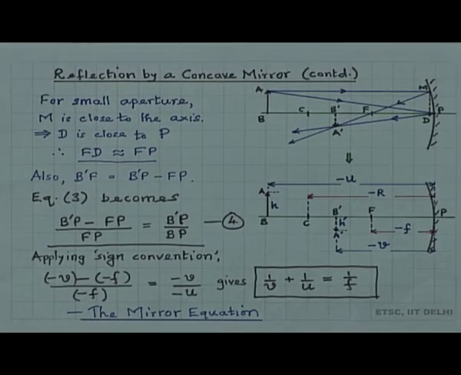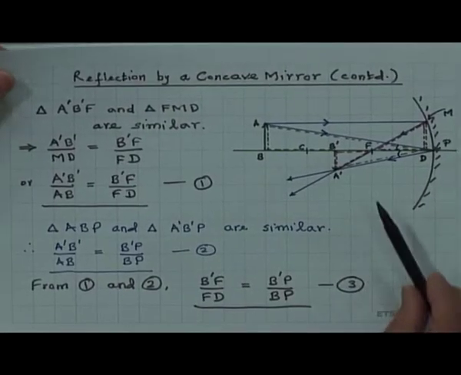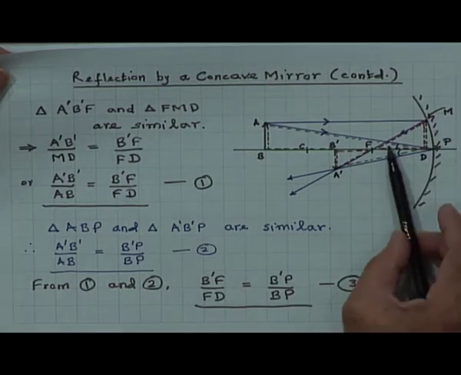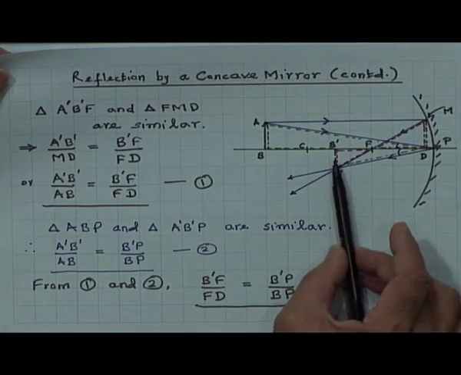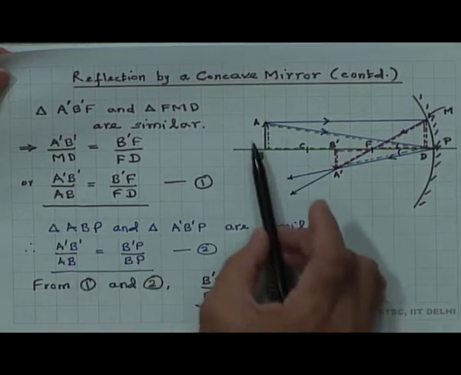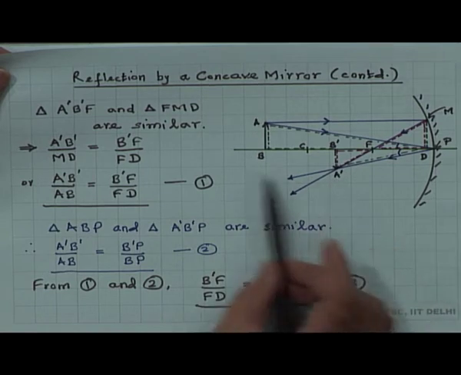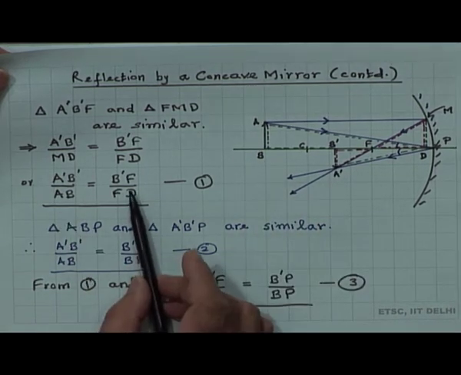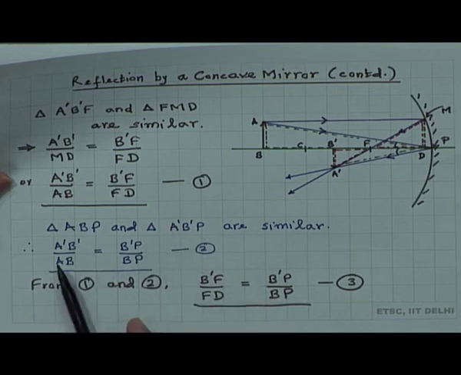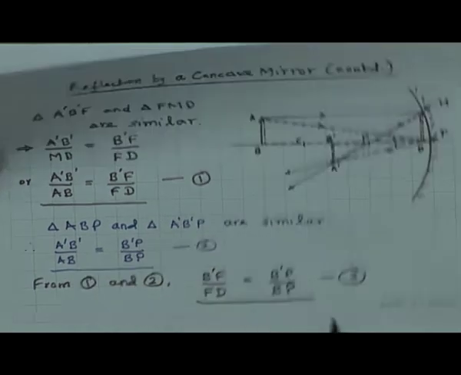So, very simple, we have 4 equations, very quick. We have considered the similarity of these triangles and found out the ratio of A'B' to AB. So, A'B' to AB comes out to be this, and then from the other triangle we get that equal to B'P by BP, equating the 2 we get this.